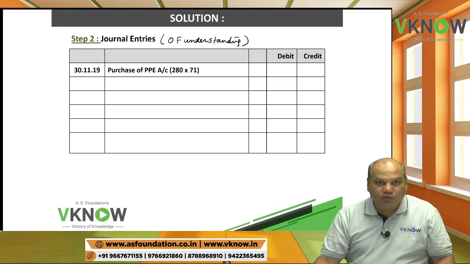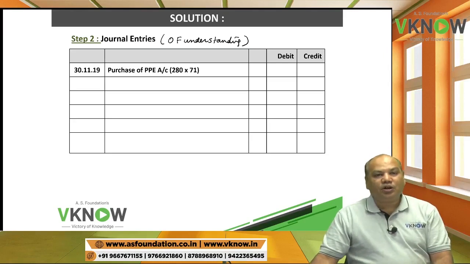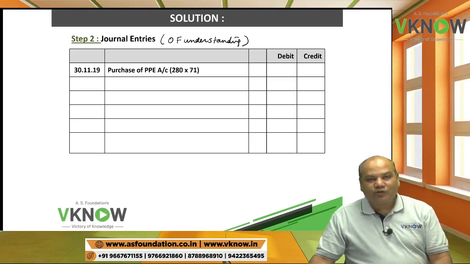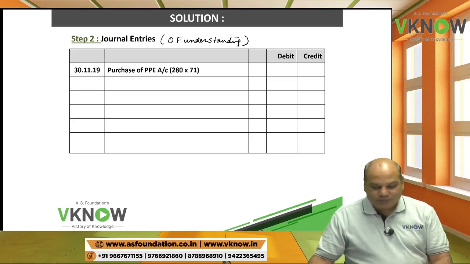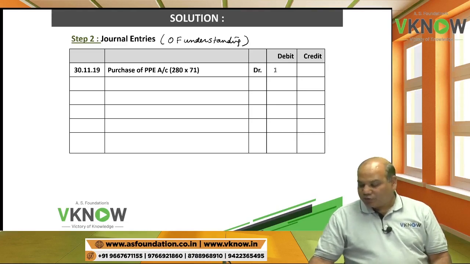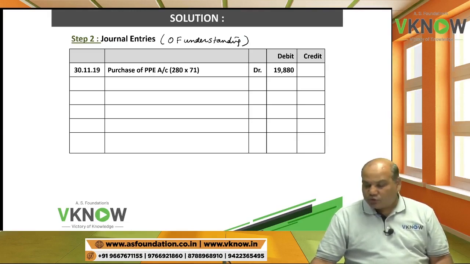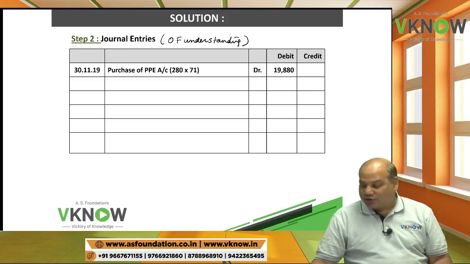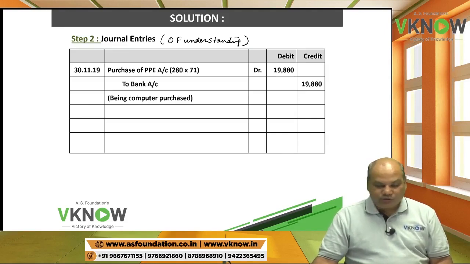So entry for purchase of computer: PPE account debit, multiply 280 into 71. Please reply. 280 into 71. So the amount paid in Indian currency is 19,880, to bank account 19,880, being computer purchased.